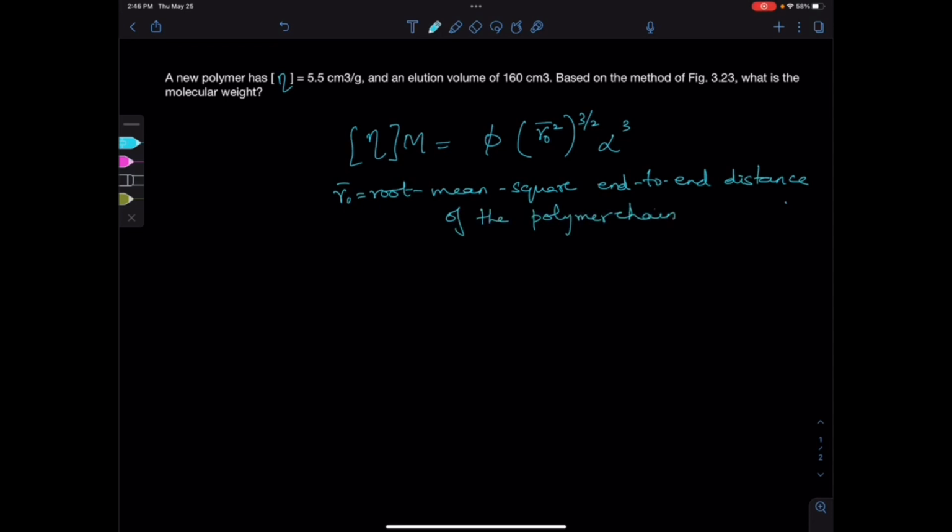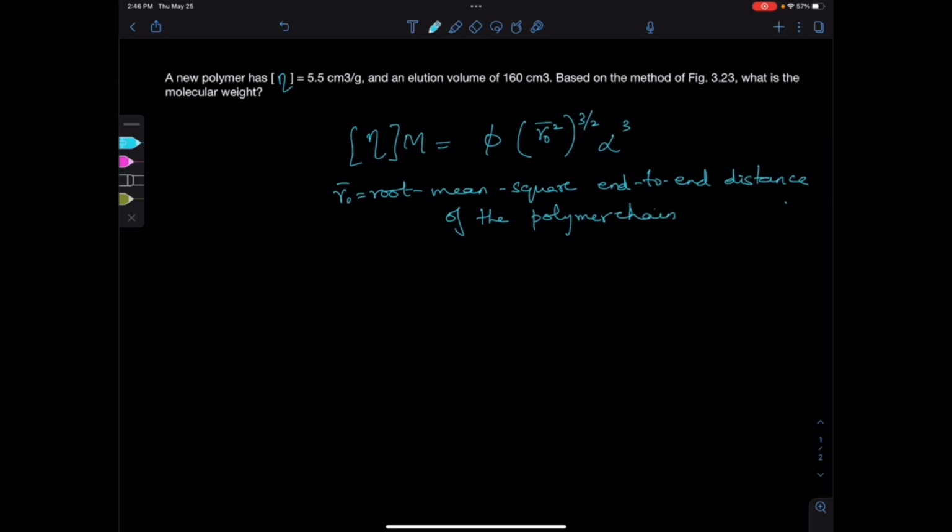So the quantity on the right, which is phi r squared to the power 3 by 2 times alpha cube, is proportional to the polymer's hydrodynamic volume. So we can say that the molecular weight is proportional to the polymer's hydrodynamic volume. And this is the basis of GPC, in which the elution volume is indicative of the polymer's hydrodynamic volume.